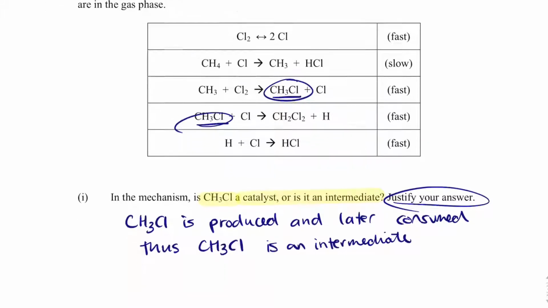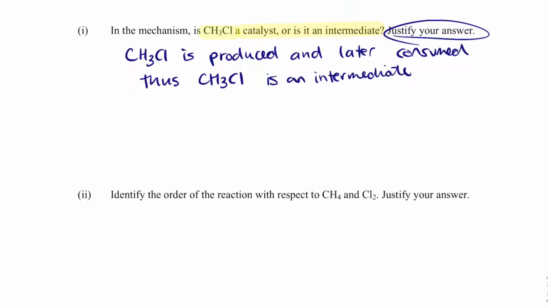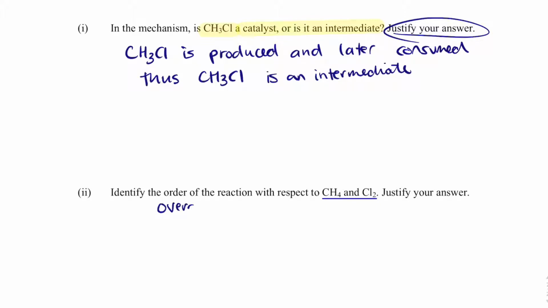Okay, excellent. Now, determine the order of the reaction with respect to CH4 and Cl2. And by the way, the overall reaction, I've already done that. The overall reaction is CH4 plus Cl2 goes to HCl plus CH2Cl2.